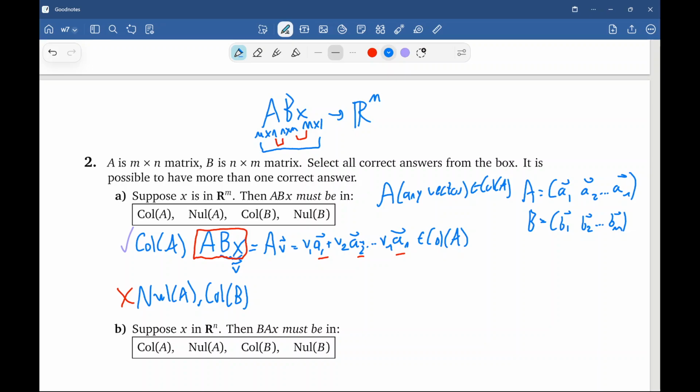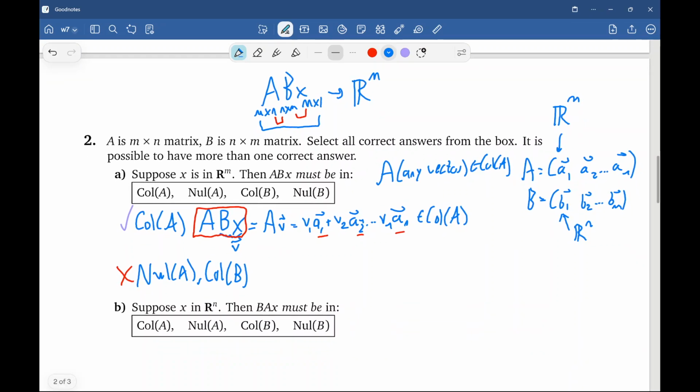And so for column space of A, we were fine because A is m by n, so each of these vectors were in Rm. I'm going to say these, we might use it later, these were in Rn because B is n by m. But null space of A is a subspace of Rn, not Rm. And the same thing with the column space of B, right? Over here, the columns of B are in Rn, so the column space of B is a subspace of Rn.